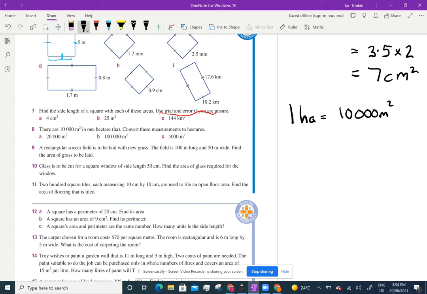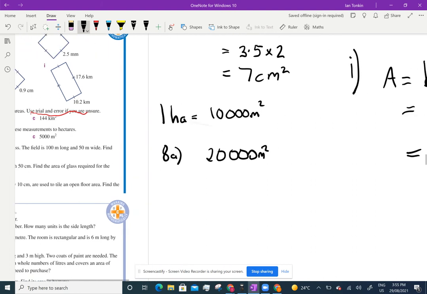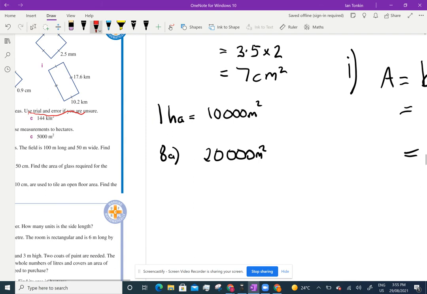So when we're doing our conversions, here's 8a. I've got 20,000 meters squared. To find out how many hectares, I'm just going to divide by 10,000, and that'll tell me how many hectares.